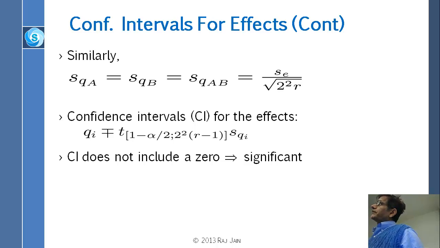So each of these effects have same standard deviation, and therefore confidence interval is simply the mean minus plus t value times the standard deviation. If the confidence interval does not include a 0, then it is significant. Okay, not important, significant. And we will see this kind of stuff in the example in a minute.